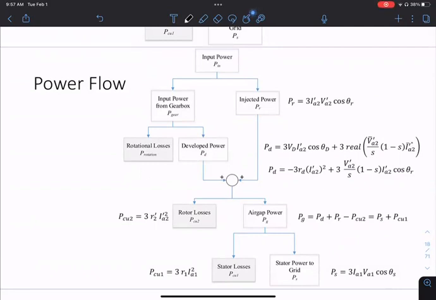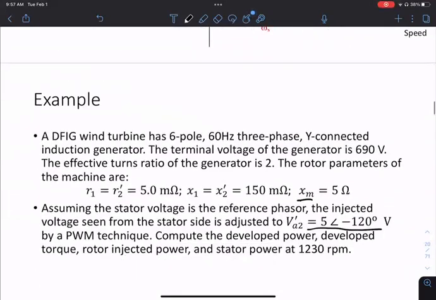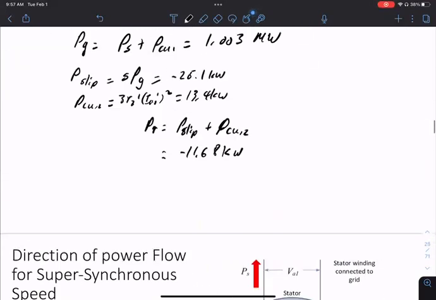This is how you take power from the grid and inject it into the rotor. The rotor gets two powers, the developed power and this injected power, added together. So if PR has a positive sign, it's going into the rotor. If PR has a negative sign, it's coming out of the rotor. That's the sign convention. In this case, because the sign was negative, it's power from the rotor to the grid.